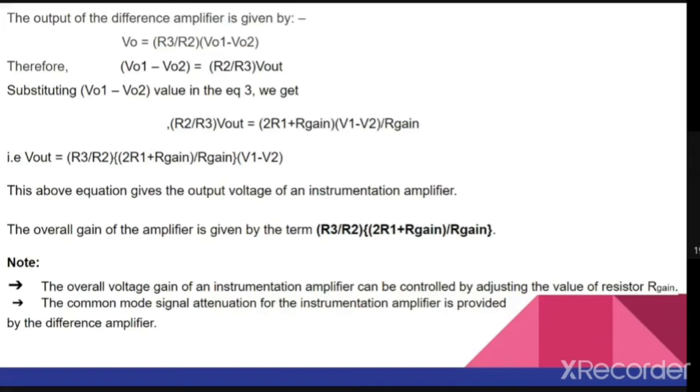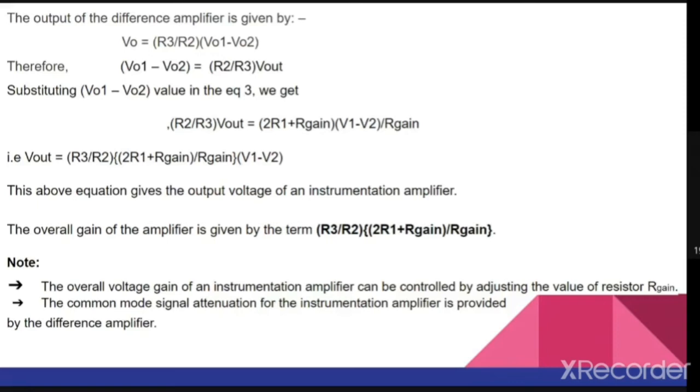That is, Vout is equal to R3 divided by R2 into (2R1 plus Rgain) divided by Rgain into (V1 minus V2). This above equation gives the output voltage of an instrumentation amplifier. The overall gain of the amplifier is given by the term R3 divided by R2 into (2R1 plus Rgain) divided by Rgain.